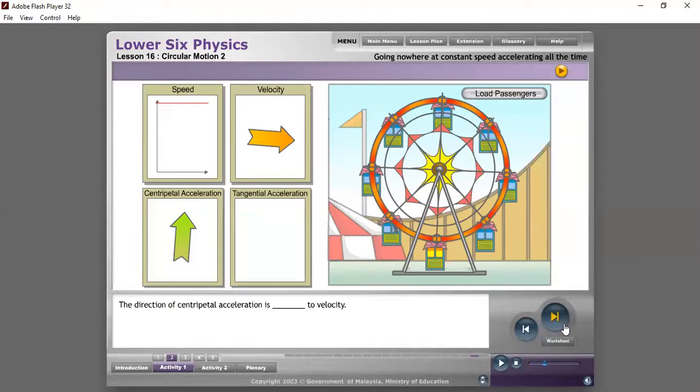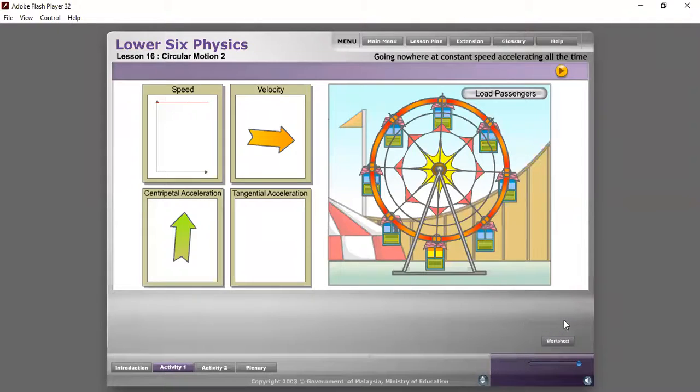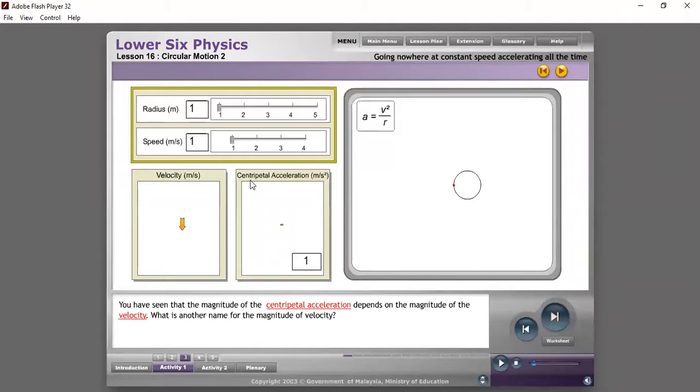The direction of centripetal acceleration is blank. The velocity is at 90 degrees. Answer: perpendicular. You have seen that the magnitude of the centripetal acceleration depends on the magnitude of the velocity. What is another name for the magnitude of velocity?